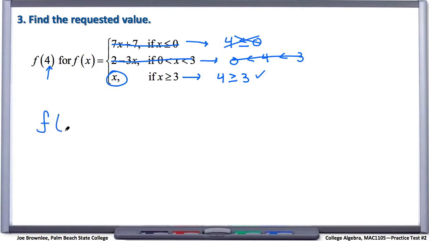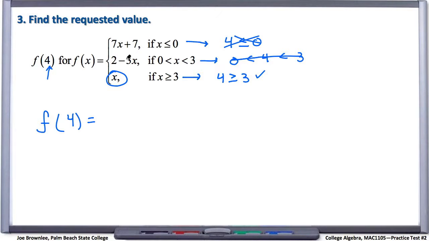All right, so we want to find f of 4 equals, and remember, we're using this last piece of the piecewise function. You'll notice that this is just an x, right? Notice the first two pieces had a lot of other things going on. The x was being multiplied by a factor of 7 and then added with 7.